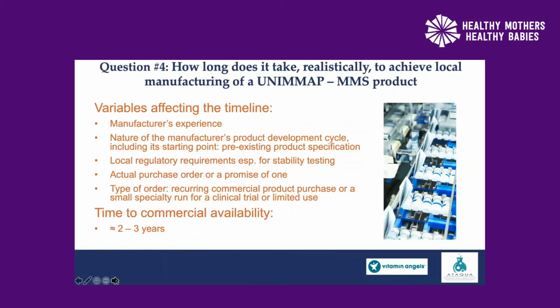Finally, the type of order can affect the time to delivery too. Is this a recurring commercial purchase, or is it a specialty run to support a clinical trial or some other limited use? The bottom line is that, based on historical experience, it takes a new manufacturer approximately 2 to 3 years to deliver an approved UNIMMAP MMS product into the marketplace. And that, of course, is not including the time for implementing governmental procurement processes.